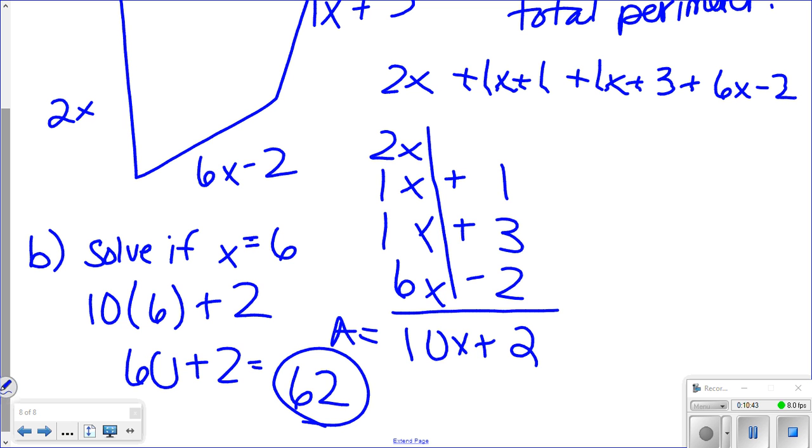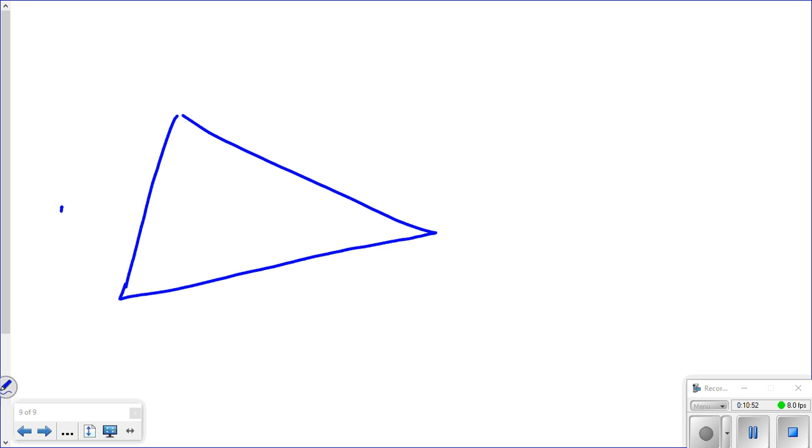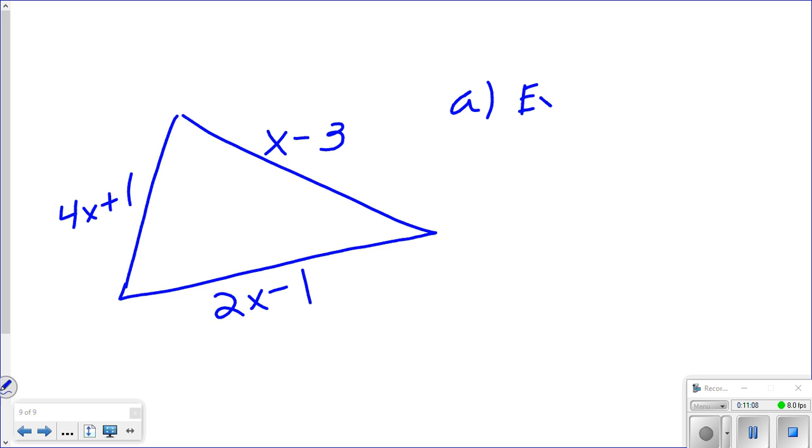Okay. Let's try another one. I want you to try it yourself. So we'll do a triangle, a goofy triangle. We'll do 4x plus 1, x minus 3, and 2x minus 1. Okay, so for A, write the total expression.